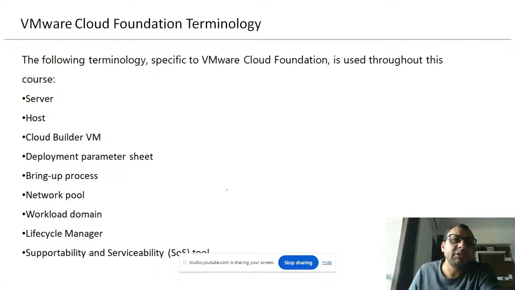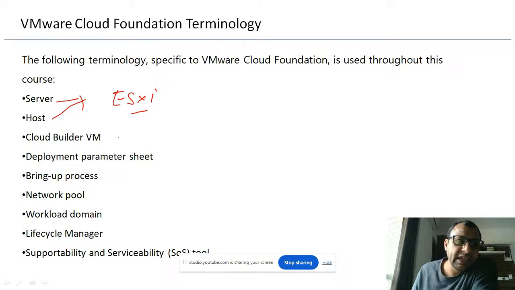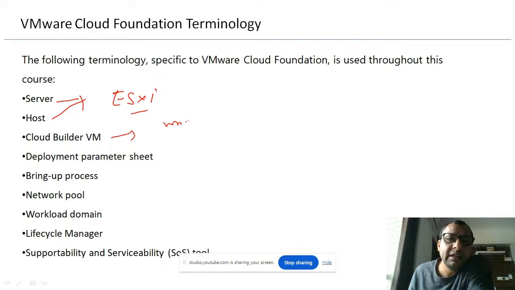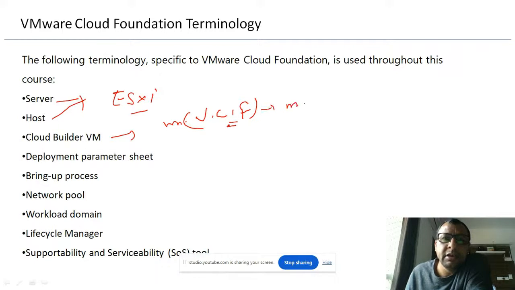All right, the key terminology. We talk a lot about servers and hosts. These are primarily your vSphere hosts that you are going to build. You have to prepare your ESXi hosts and the Cloud Builder VM. That's going to help you build the VCF environment, the day zero build of the VMware Cloud Foundation stack altogether. It will primarily create the management domain for you.